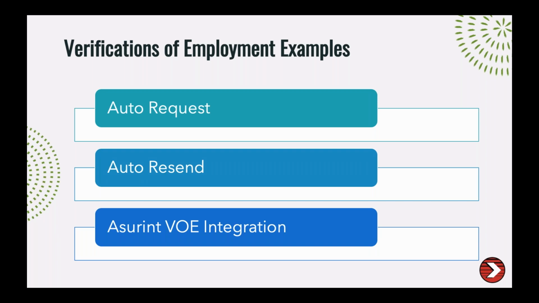And maybe it's a situation where you want to send that one over to Assurant to try to get completed. There's a feature in the system that can get that over to them for them to basically go and get that verification for you. So there's a couple of options there that'll help with verifications and automating that process.